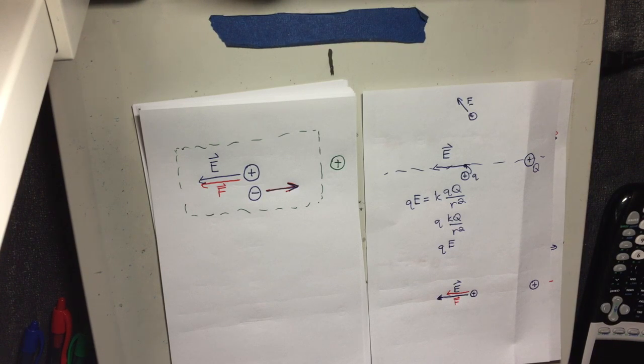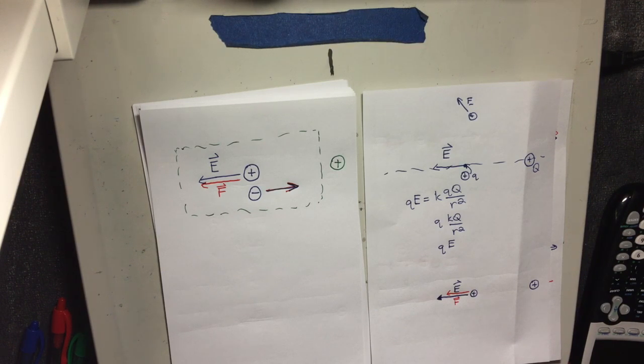You don't have to have the source charge outside the dotted box. You can just be told the E field line is in that direction. If I let go of a positive charge, it moves outward into the classroom. If it's a negative charge, it moves towards me.